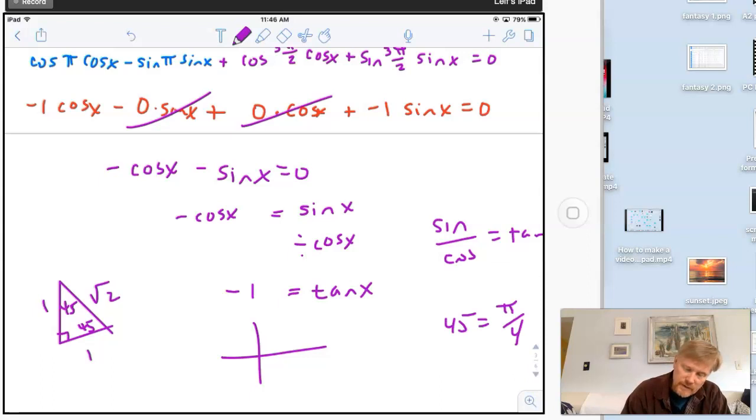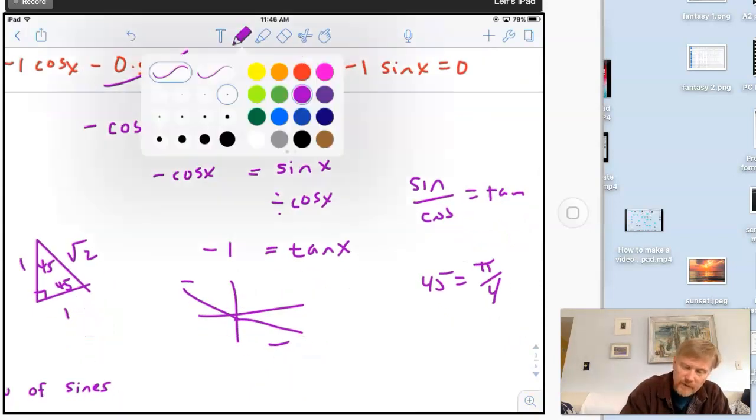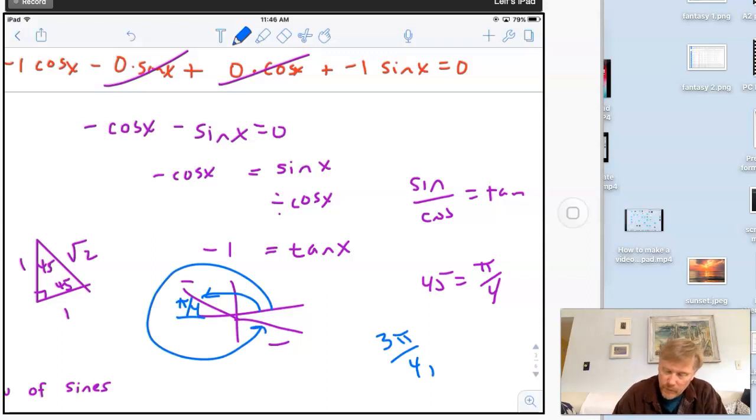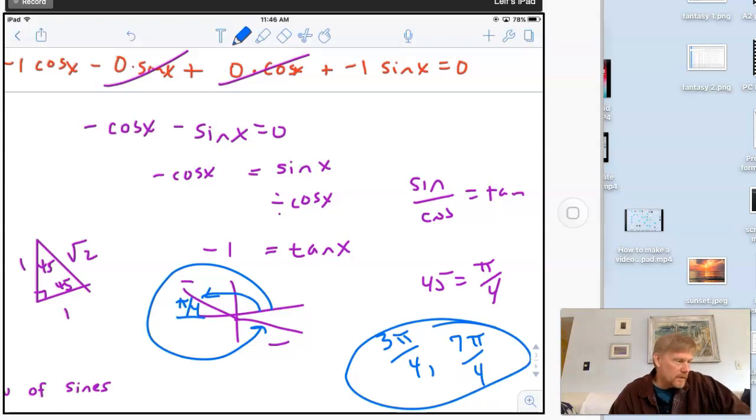And tangent is negative here in the second quadrant and here in the fourth quadrant. So what are those two angles? We're about to find those out. If this is pi over 4, that means I got 3 pi over 4, and going almost all the way around will be not 8 pi over 4, but one less, which is 7 pi over 4, and those are my two answers.